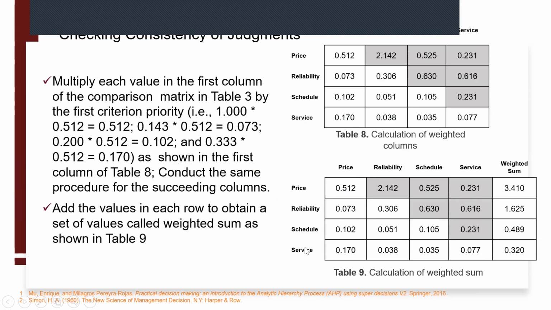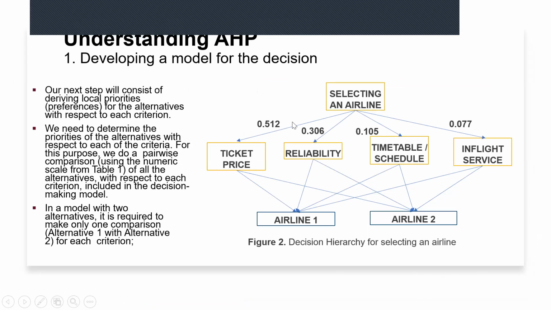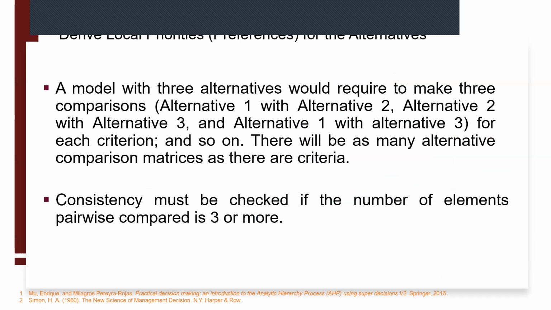These values we now have to apply to our original model. As you can see, we can always go back to the values. These are the values when we use the evaluation for the criteria: 0.512, 0.306, 0.105, and 0.077. Now the values that we have to apply to the two alternatives.